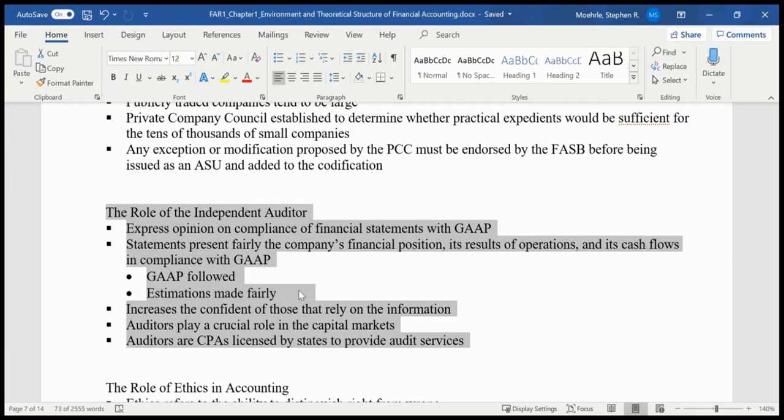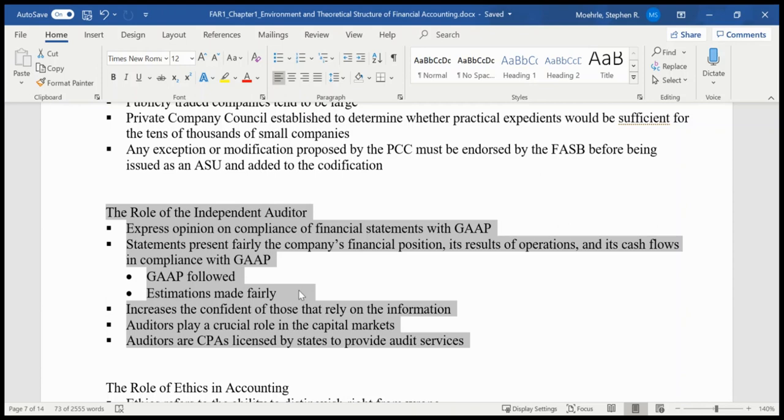The opinion regards whether the statements present fairly the company's financial position, its results of operations, and its cash flows in compliance with those generally accepted accounting principles.